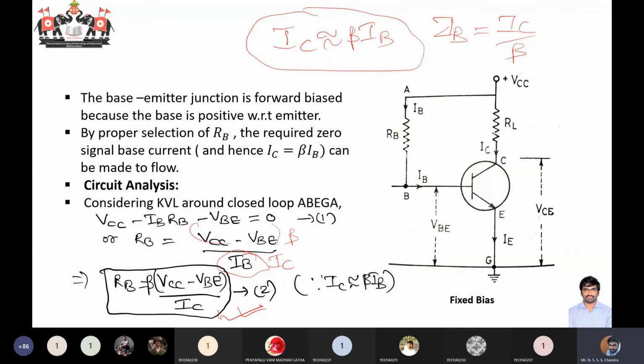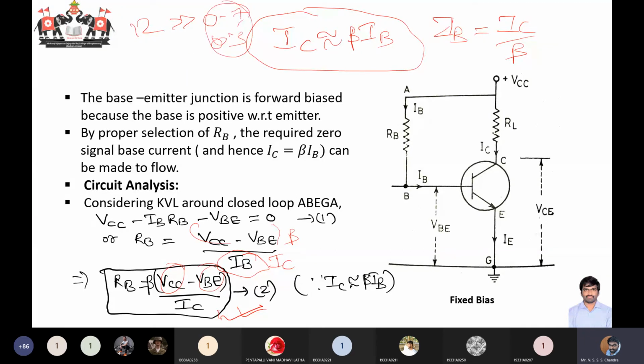Again here you should observe the usual values of VCC and VBE. Typically, what is the VBE value for a silicon transistor? What is the cut-in value of a transistor or a diode? Please respond loudly. 0.7. Whereas the supply voltage VCC will be around 12 volts or 15 volts, a large value, greater than 0.7 or 0.3 volts.